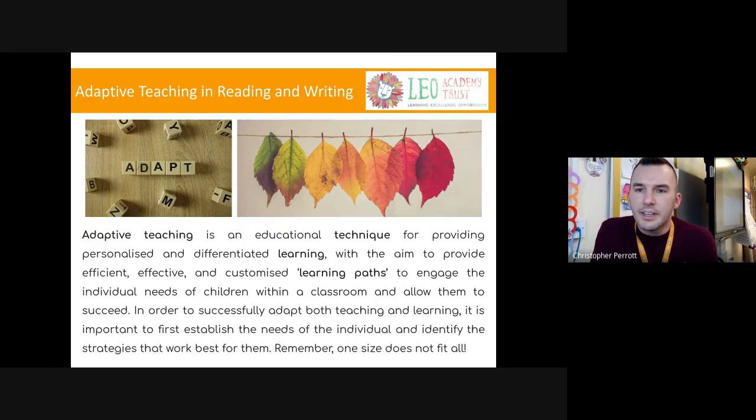In terms of identifying strategies, today I'm going to bombard you with lots and lots of strategies. It's not about going away and trying every single one of these. It's about taking away that golden nugget, that key golden thread that is best going to support that particular child or group of learners, and practising it and embedding it consistently in that approach.